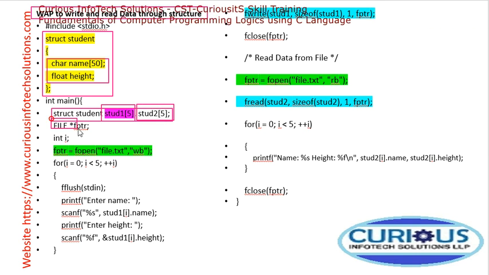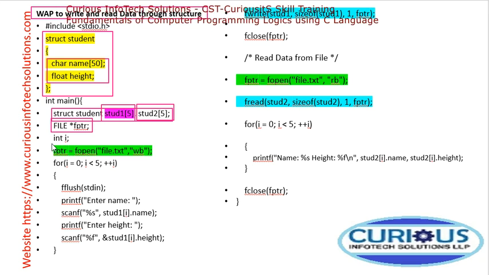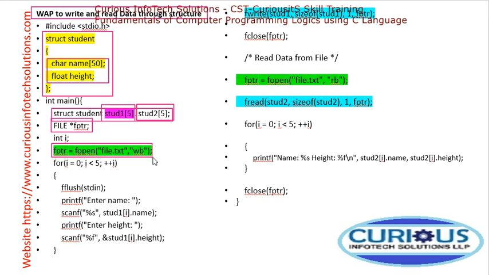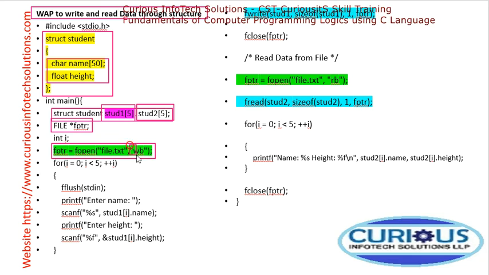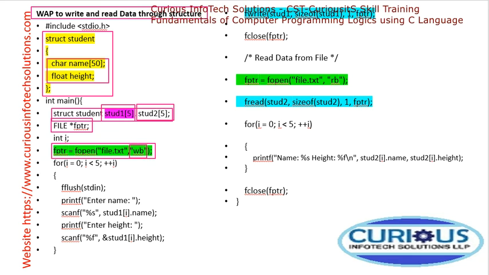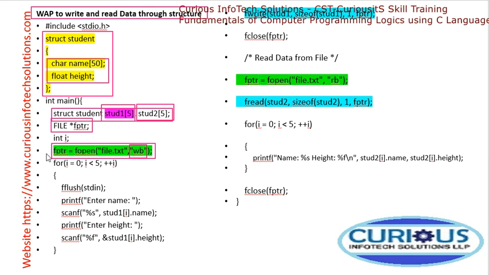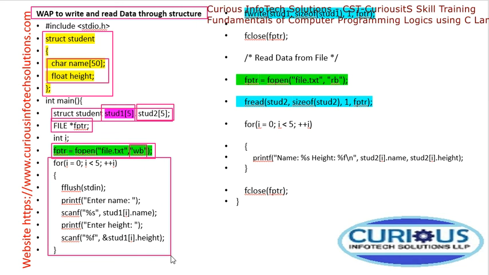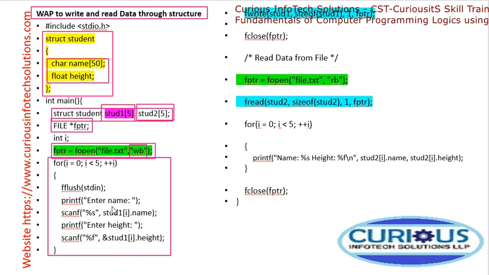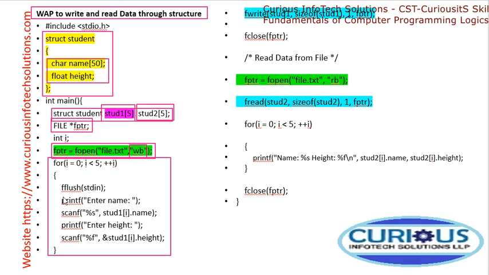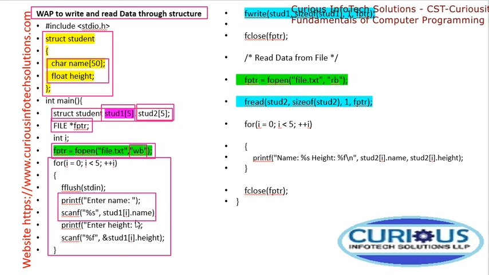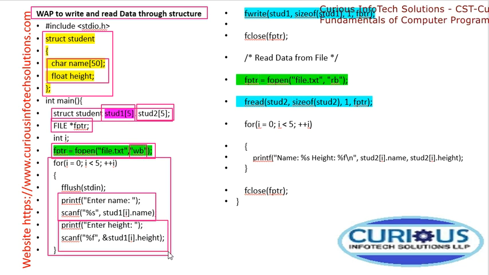We have one file pointer, then we open the file in write mode. Then we make a for loop to read data from the keyboard. So here we have a name and the height of that person.